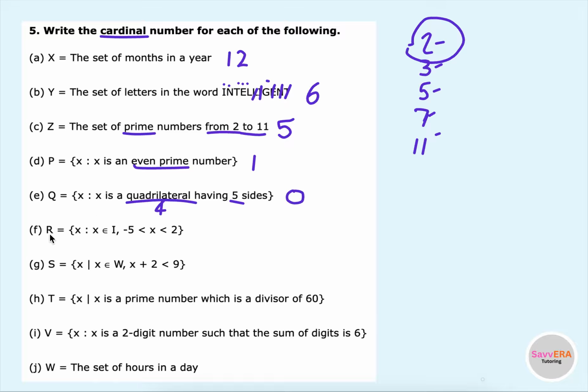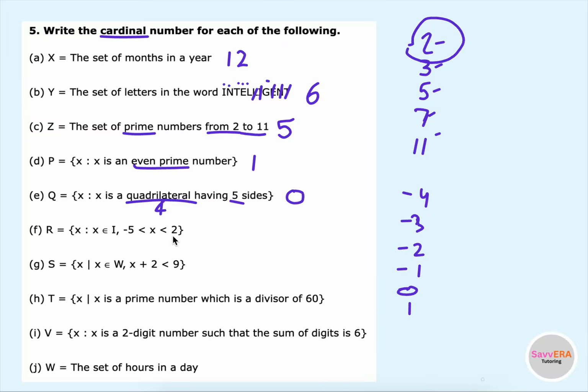Next one, it says set R has X such that X contains I and is less than -5 ≤ x < 2. So those would be -4, -3, -2, -1, and 0, and 1.